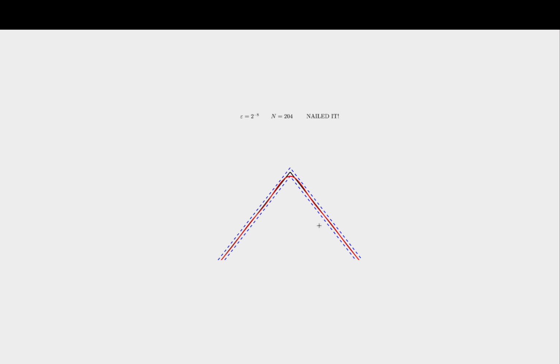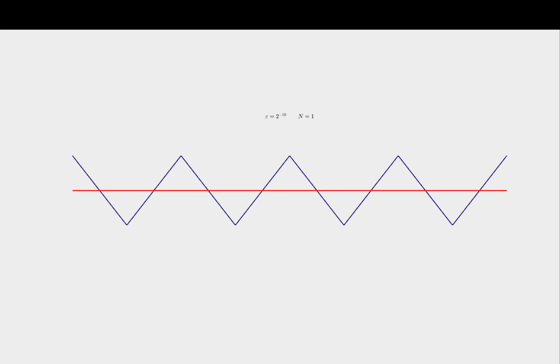In fact, we get uniform convergence for any value of epsilon. So, of course, if we were to check all values of epsilon, it would take forever. That's an infinity joke, because it's true for every positive epsilon. But just for fun, let's take a look at 2 to the negative 10. So that's about 1 over 1,000.